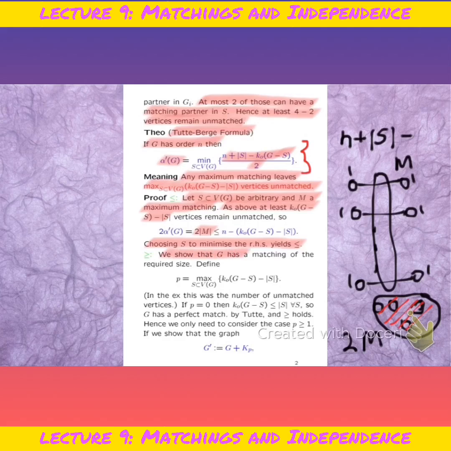We show that G has a matching of this cardinality, and if it does, then any maximum matching will have cardinality at least that. Okay, that is what we want to do. So let's take P to be this maximum value.